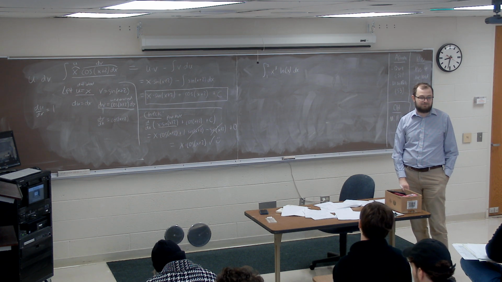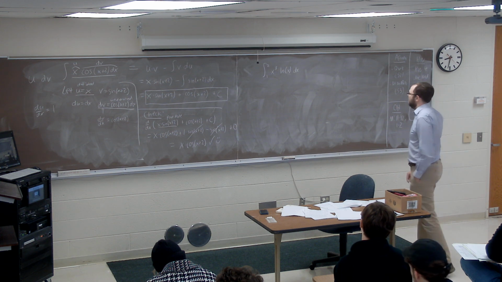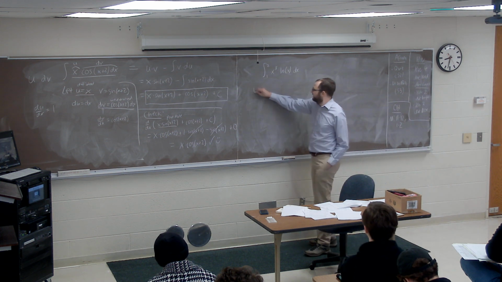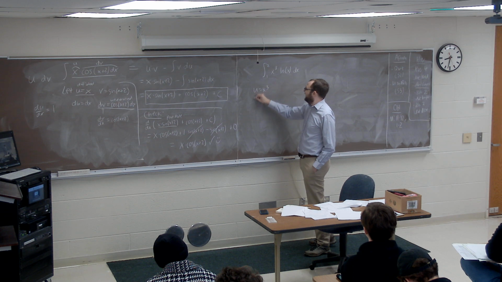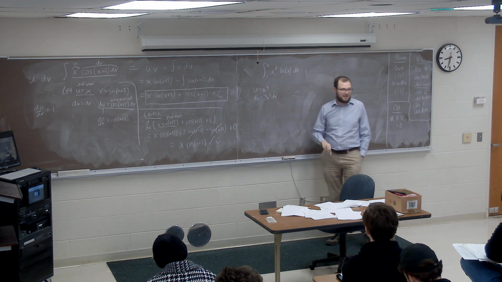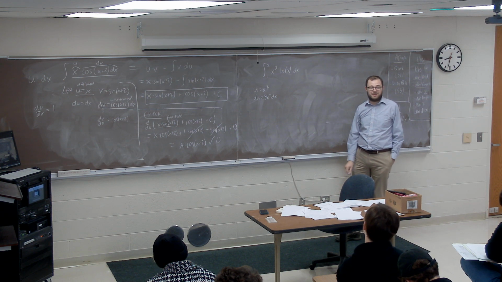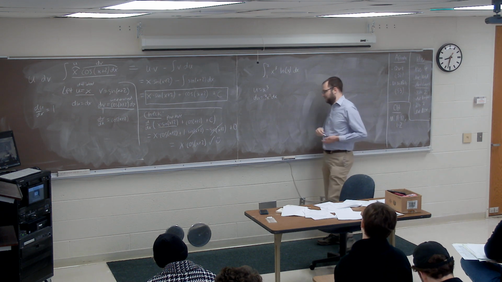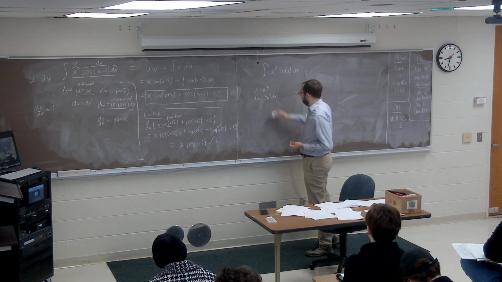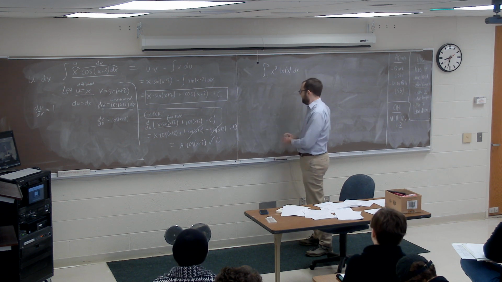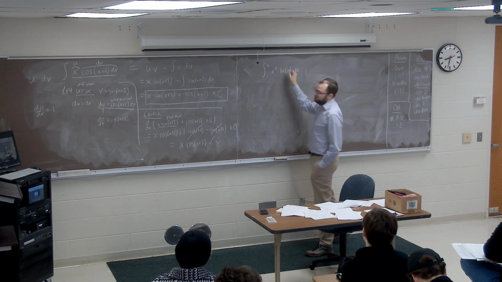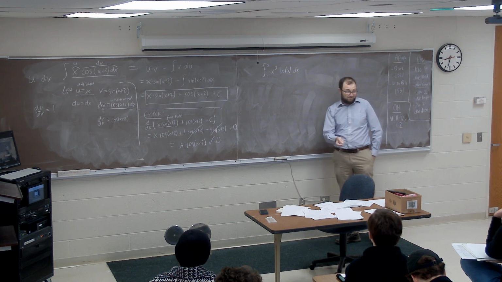Maybe x cubed. If we had u equals x cubed, our du ends up being 3x squared dx. Is that any easier to work with? No, it doesn't seem super helpful, because then how do you deal with the natural log of x term?